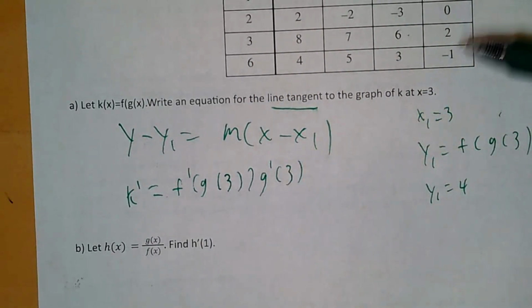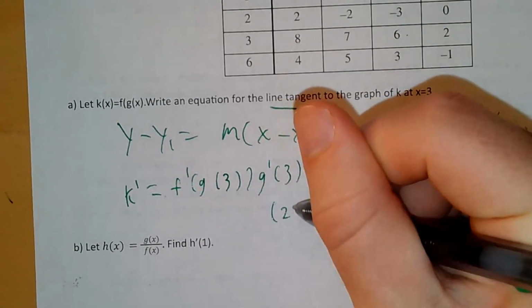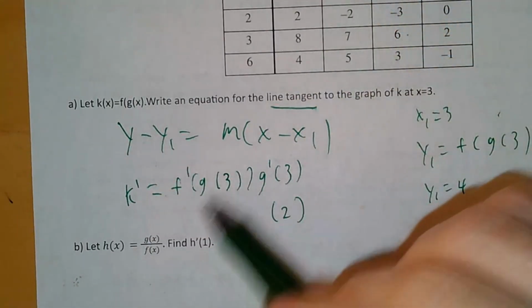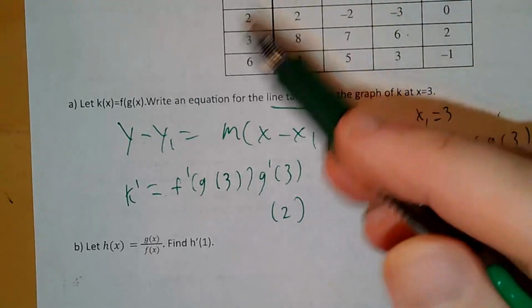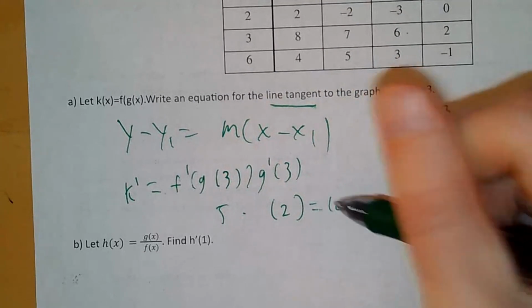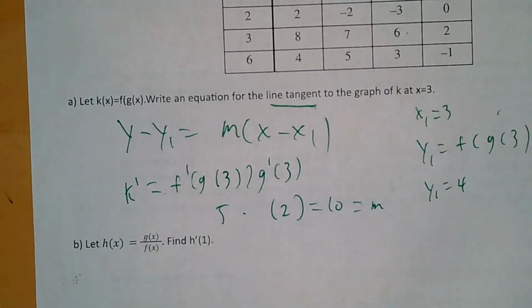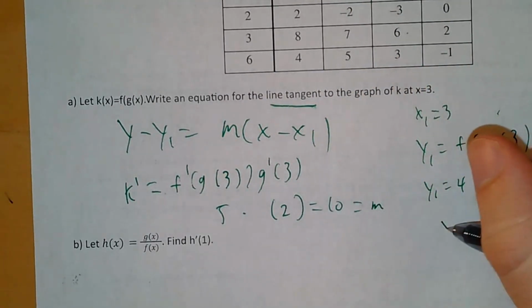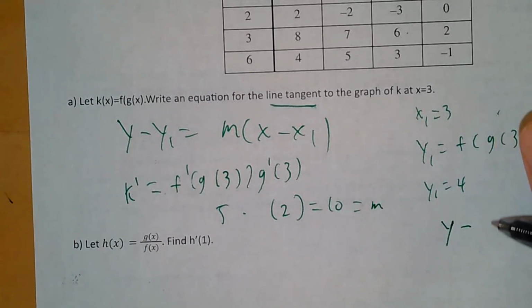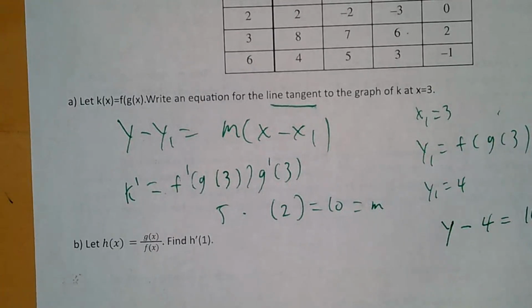So the derivative of g at 3 is 2. And then g of 3, we already know that's 6. So the derivative of f at 6 is 5. So we have 5 times 2 is 10. That's my m. So now I have all the pieces. I can write it as y minus 4 equals 10 times x minus 3. Okay.